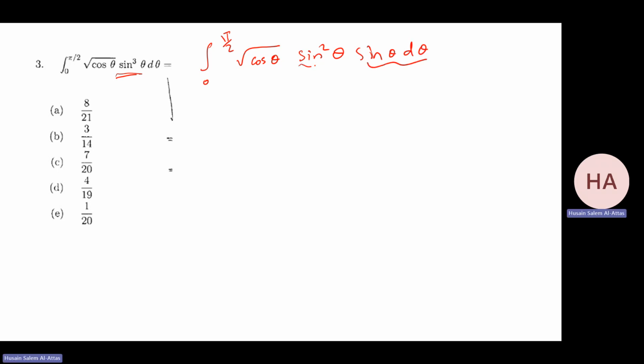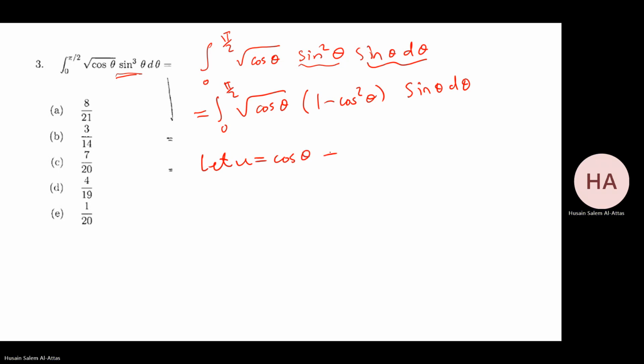So I need this to be changed into cosine. So I have cosine theta. This is 1 minus cosine squared theta, and this is sine theta d theta. So I let u be cosine theta. du will be minus sine theta d theta.